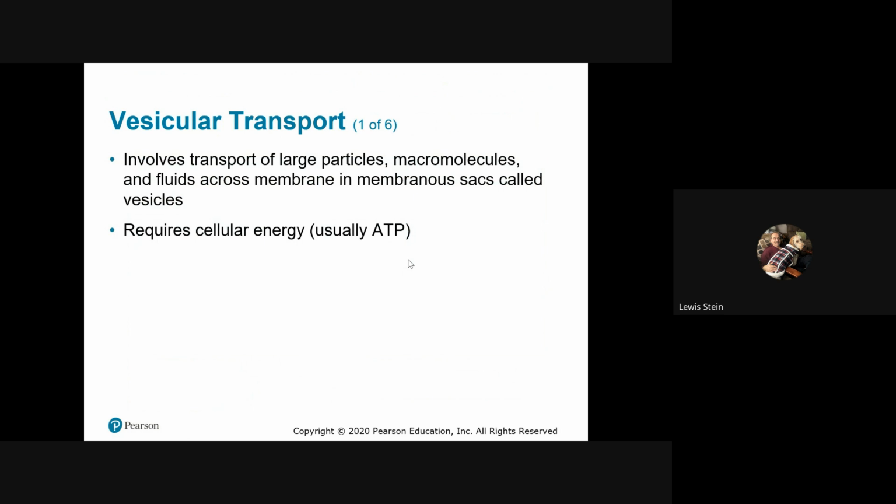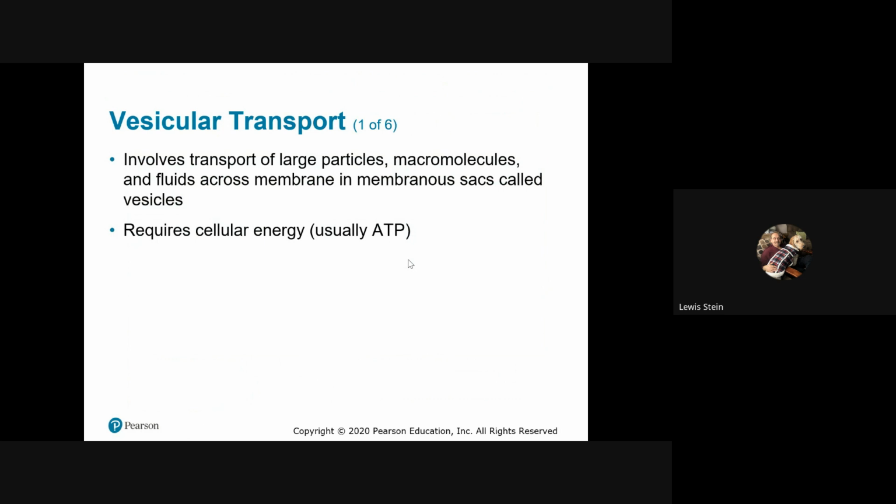What's a vesicle? A vesicle is a membrane. Basically, think of it two-dimensionally as a circle, three-dimensionally as a sphere. And it's a little container made of membranes, good old phospholipid bilayers with embedded proteins that have the remarkable ability to either develop from the cell's membrane or fuse to the cell's membrane and bring in or spit out.